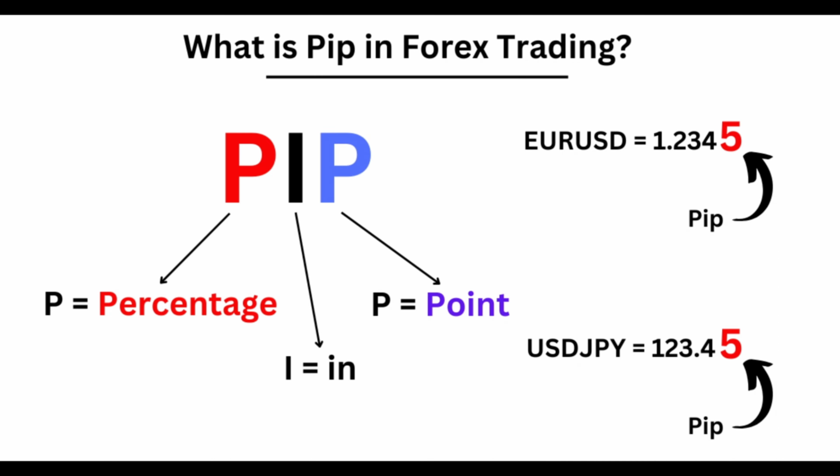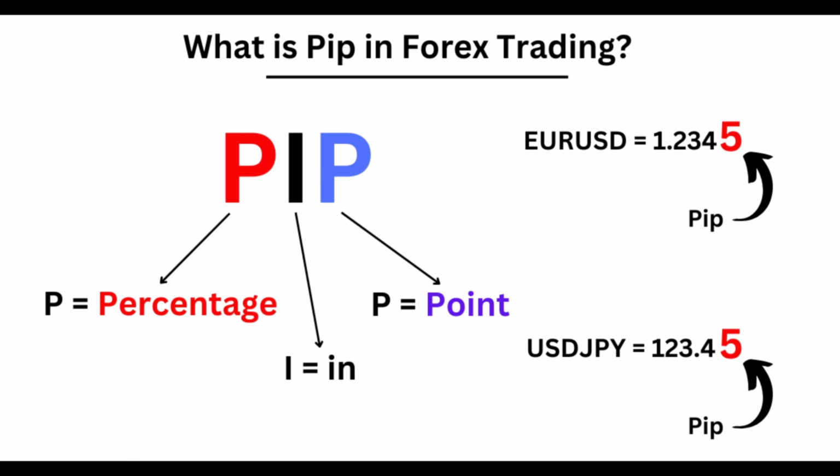For example, if you leave your house and go to the supermarket by car, the distance will be measured in meters and kilometers. It might take 1 kilometer, 2 kilometers, and that's how your distance is measured. But in the market, the market movement is measured in pips, right?